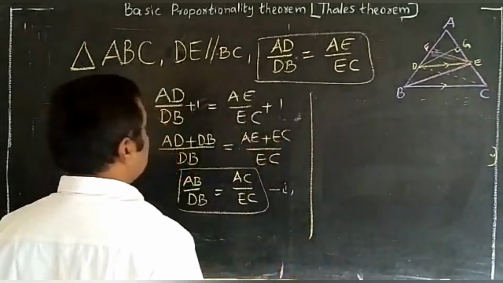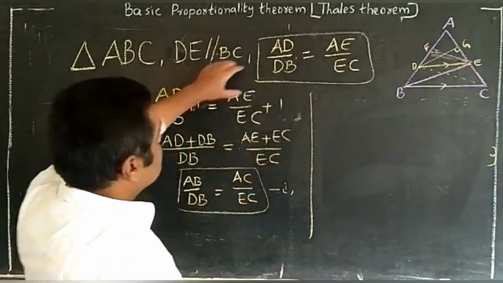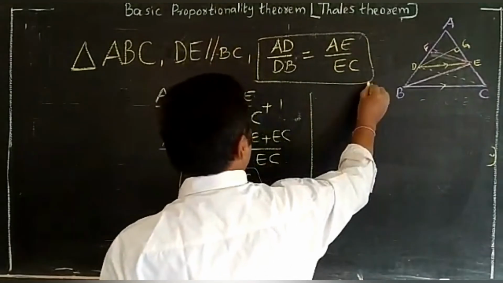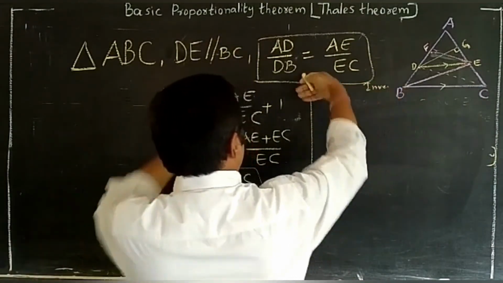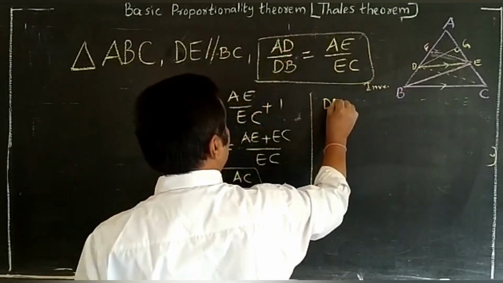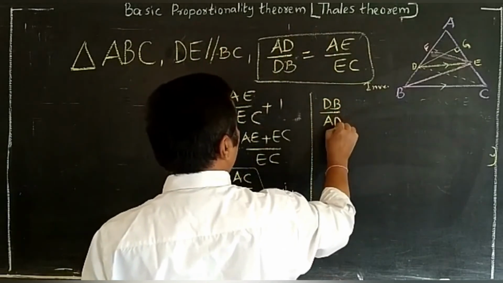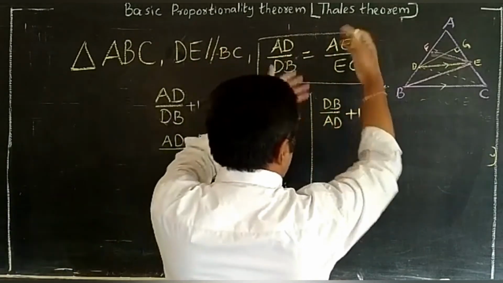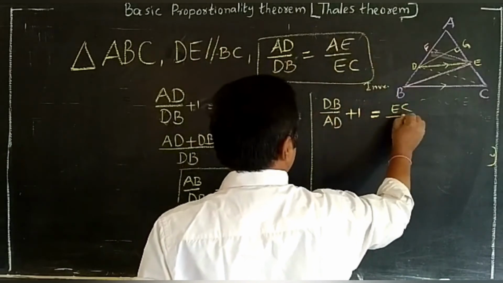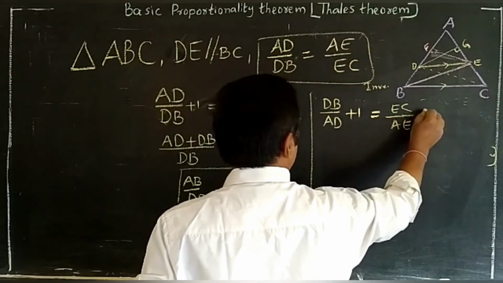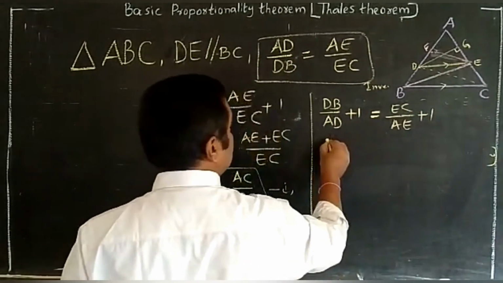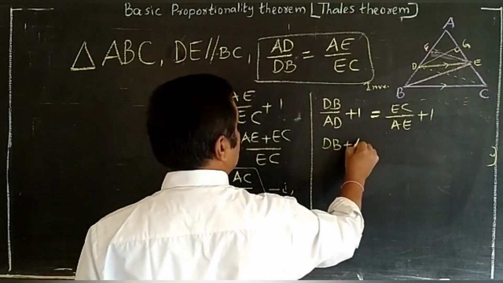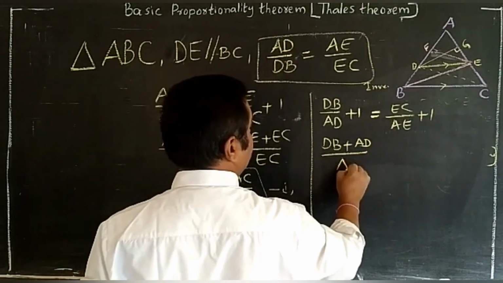And the second auxiliary formula. This answer we have to invert. Make them inverted, means reverse. Make them DB by AD plus 1. The same way that also EC by AE plus 1. So we get DB part plus AD part by AD.